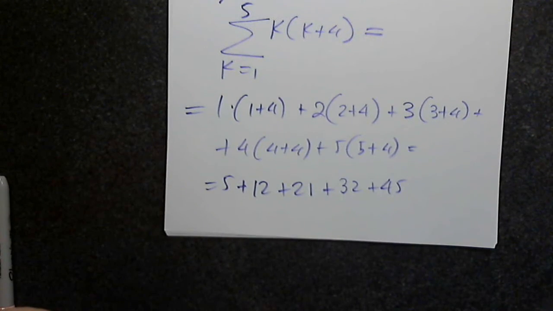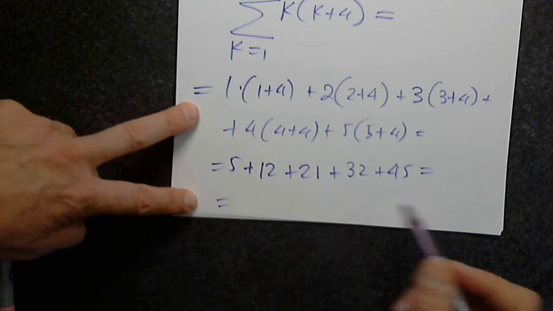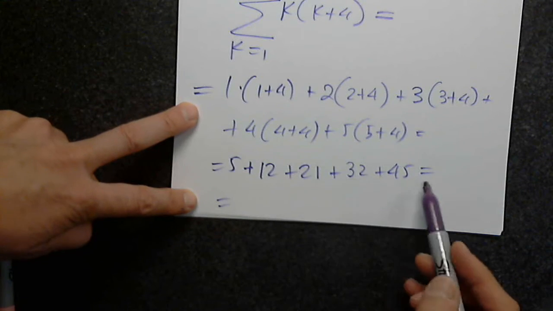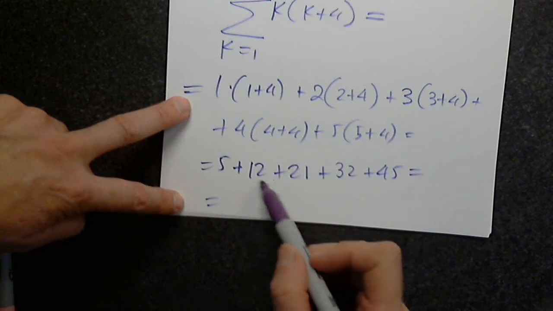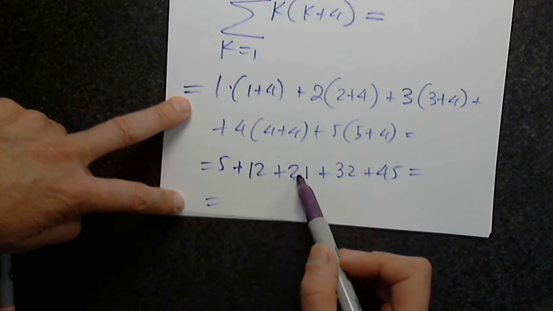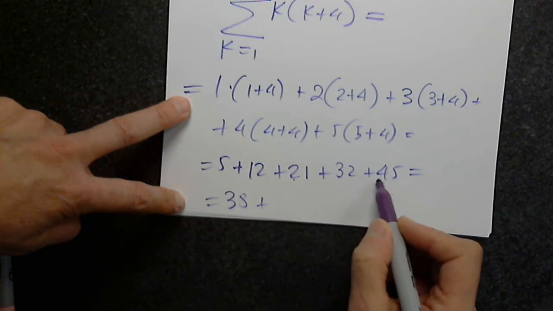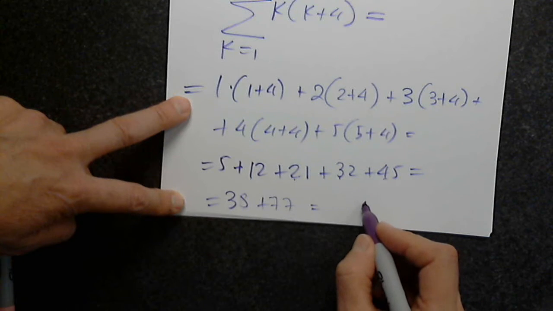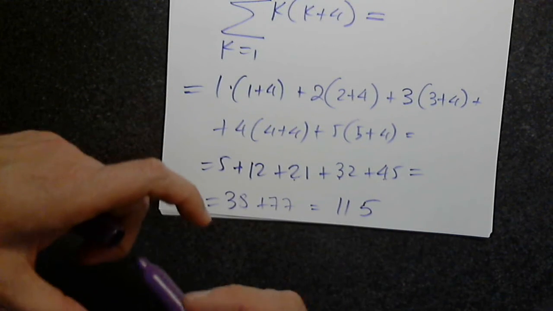Do we agree so far? Okay, so let's add these. I like to add them in twos. You do whatever you want. So let's say this is 33, so this is 38, and this is 77. So 5 and 1, I got 115.